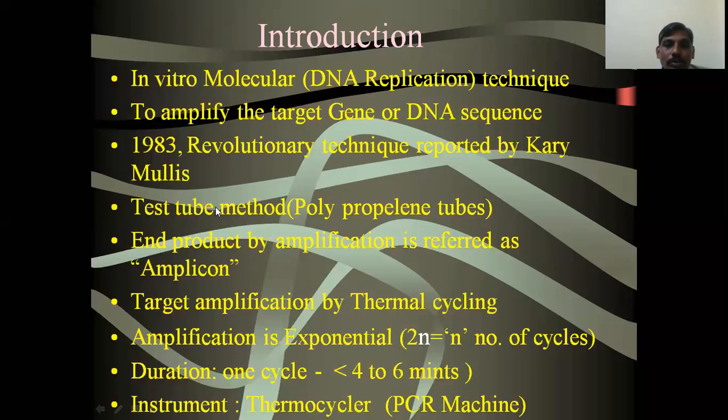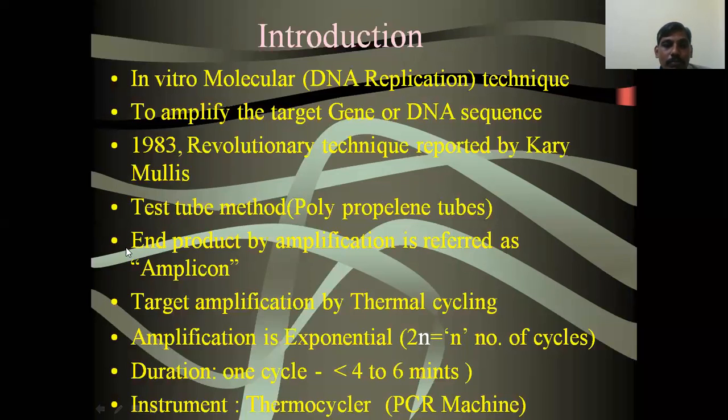In this test tube, we add a mixture of components, and whatever DNA molecule you isolate from a microorganism is amplified to a larger number of copies by using a DNA polymerase.